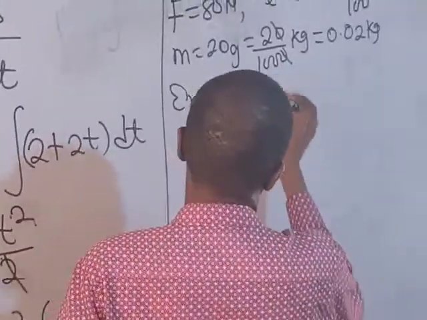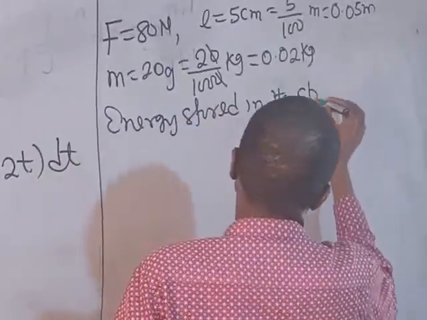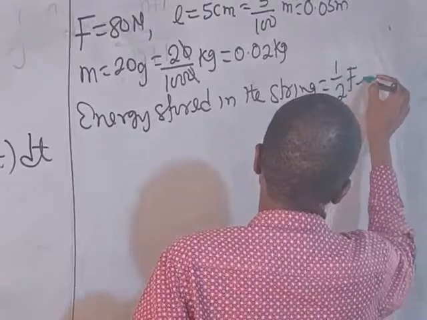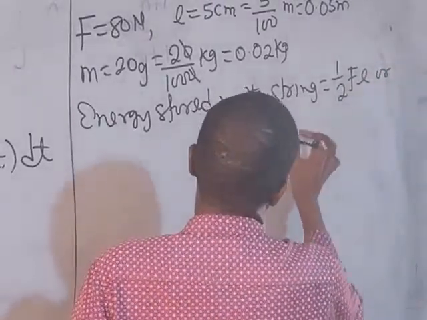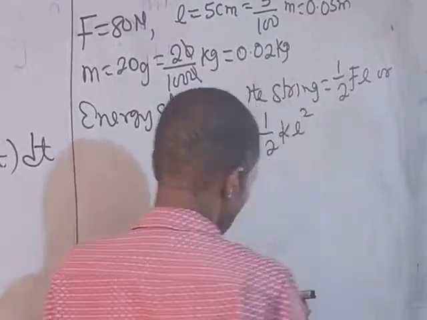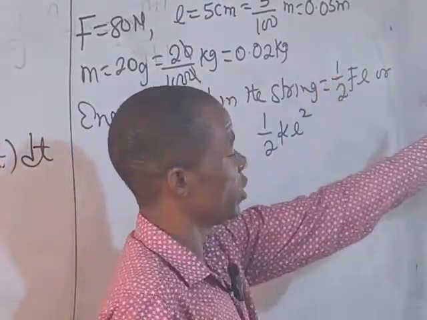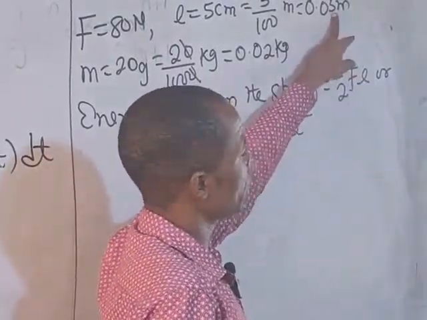Now, the energy stored in the string is equal to 1 over 2 Fe, or you can use 1 over 2 ke squared. Any one of them could be used. But we can simply make use of this one because we have been given the force, 80 Newton, and we've been given the extension, which is this.